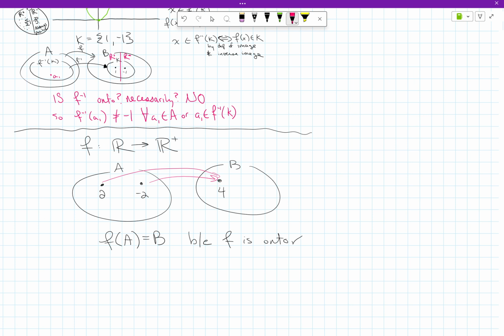And if I do that, then what I have is not 1-to-1. So F is not 1-to-1 because f of 2 equals the same thing as f of negative 2, which is 4 equaling 4. And that is not allowed.